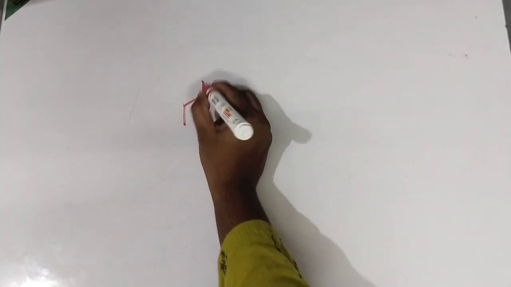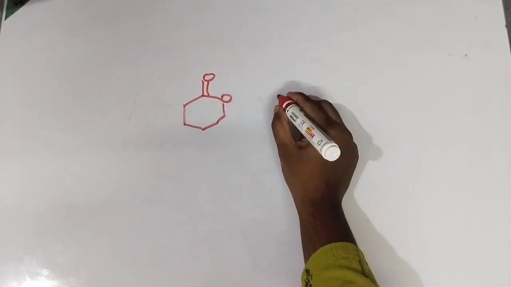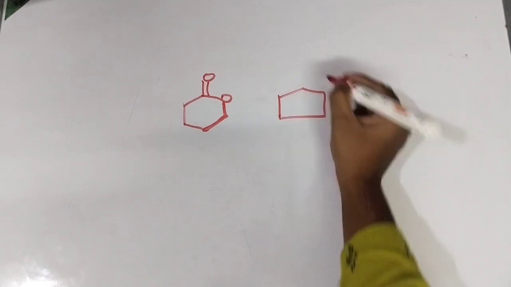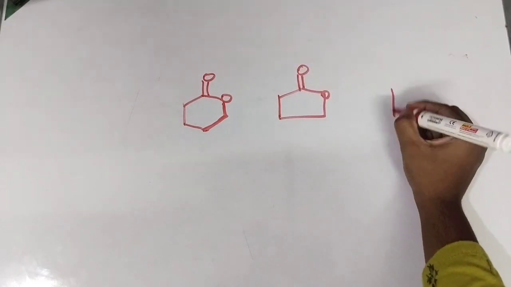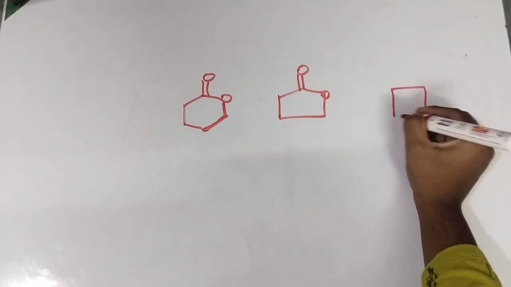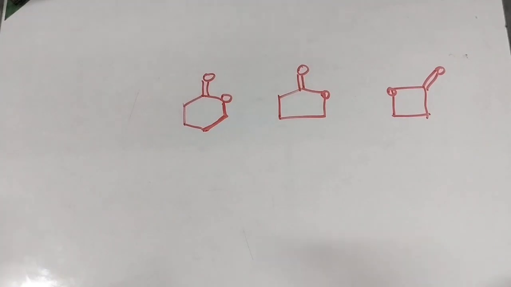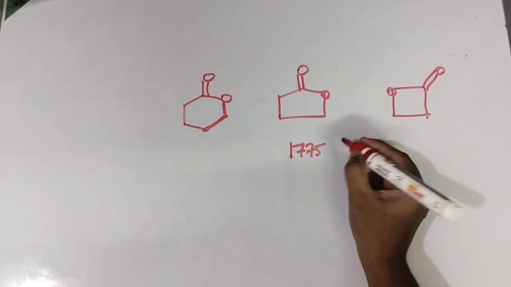Then a very important set of values. Note these values. This is for cyclic esters. These are all cyclic esters, right? So you just note the value because it is very important.